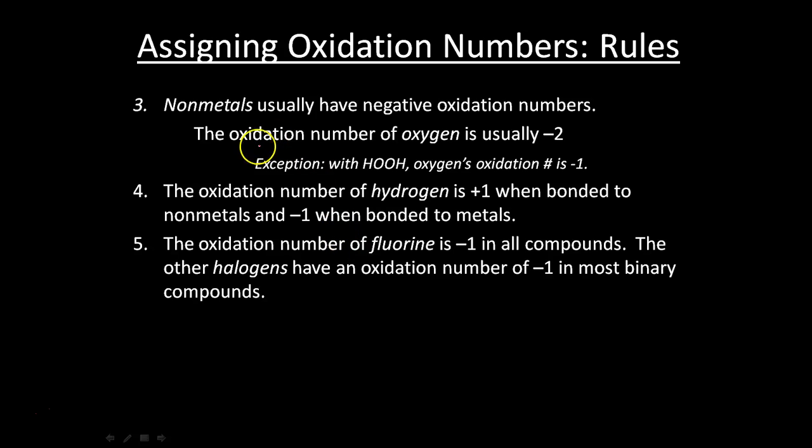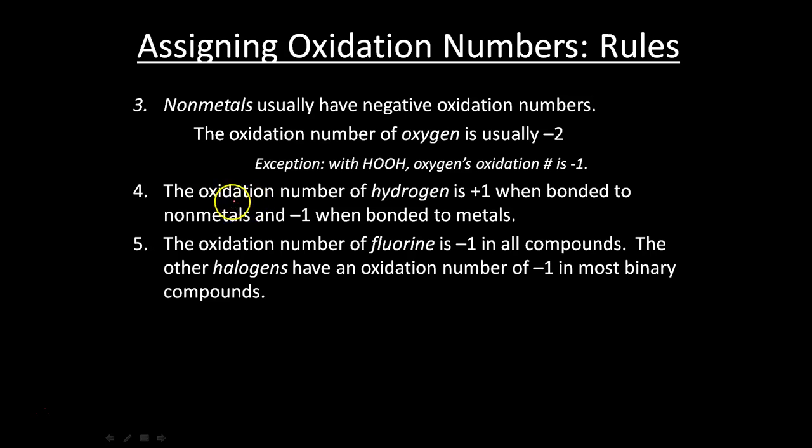Next rule, nonmetals usually have negative oxidation numbers, and specifically the oxidation number of oxygen is usually 2-. There's an exception to that in the peroxide ion. In the peroxide ion, the oxidation number for each oxygen is -1.